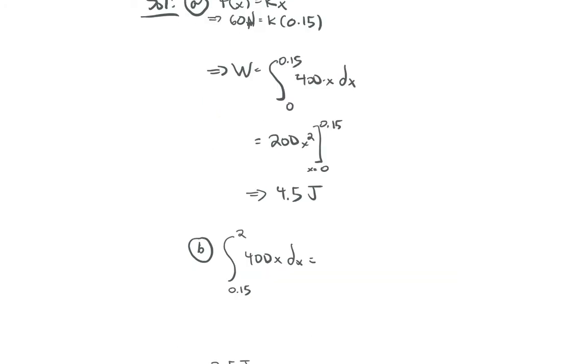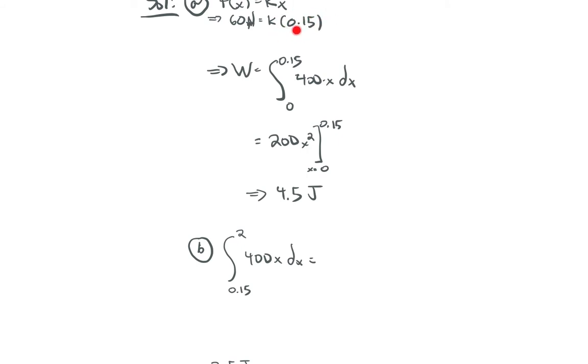Okay, now that we're back, here's our force function that was given to us in the question. It's just the spring constant times the displacement. And we know that indeed it took 60 newtons of force to stretch the spring 15 centimeters. Remember, this unit is Newton meters, so we need to make sure that we're converting our displacements to meters.